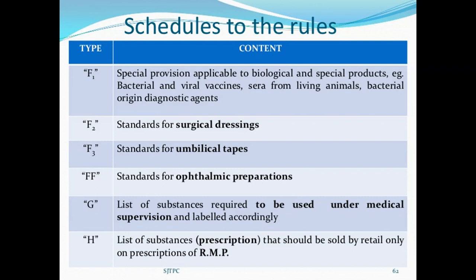There is a caution mark: Schedule G drugs. That means these drugs can be used under medical supervision only and are labeled accordingly. Then one mark will be there: Schedule G drugs should be taken only under the advice of a physician.